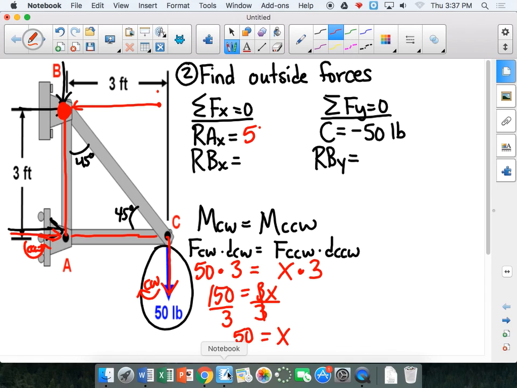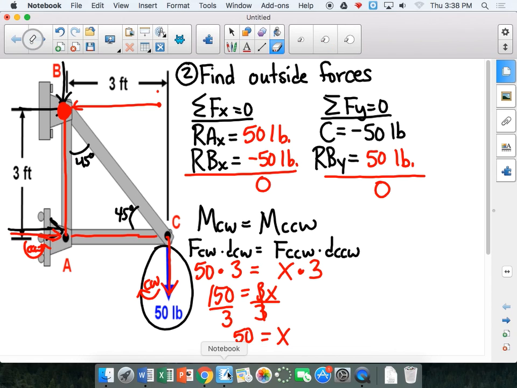So this is 50 pounds. Because these have to add up to be 0, that makes RBY, the reactionary force at joint B in the y direction, positive 50 pounds. And that makes the reactionary force at joint B in the x direction negative 50 pounds.